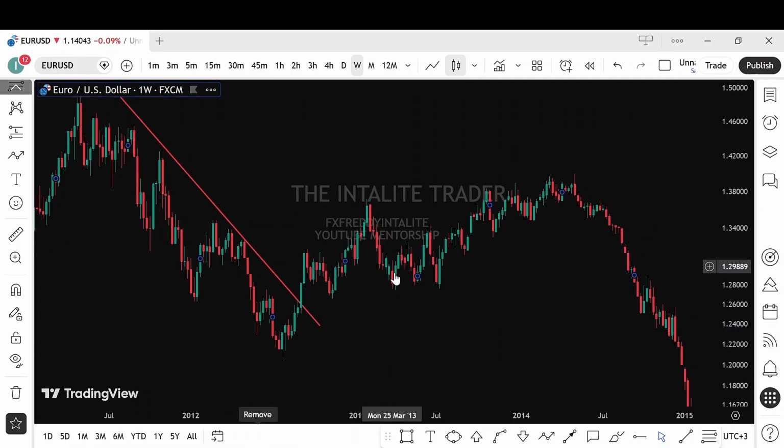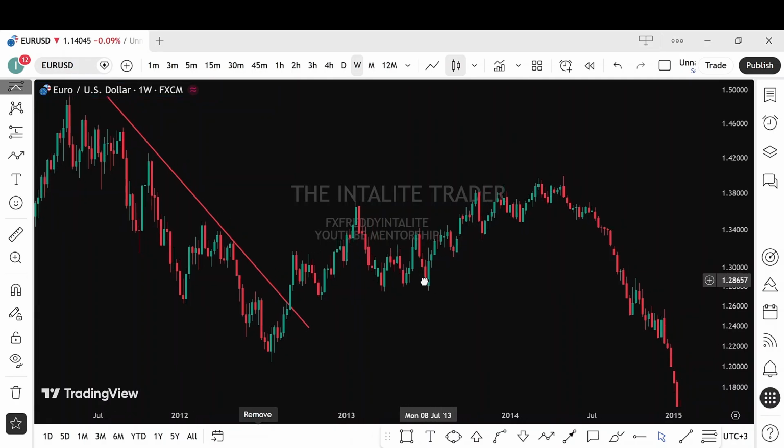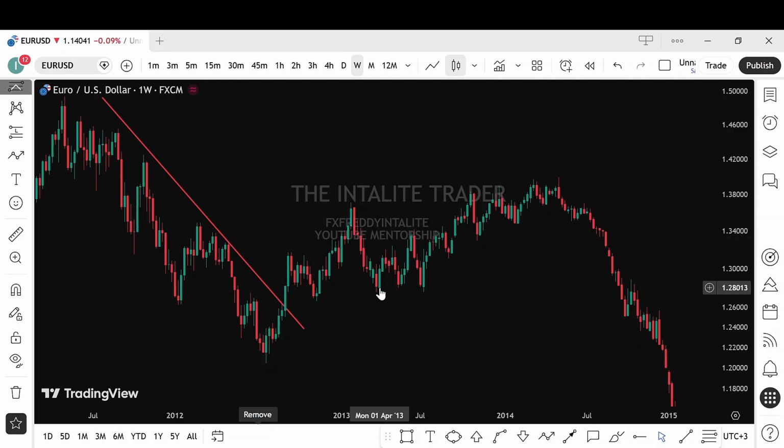A pullback in most cases is a short-term sell in an uptrend and a short-term buy in a downtrend. So you want to see these guys close their positions for a pullback to occur. If they don't close, and if the opposite side doesn't open, then the market will continue trending. Are we together?